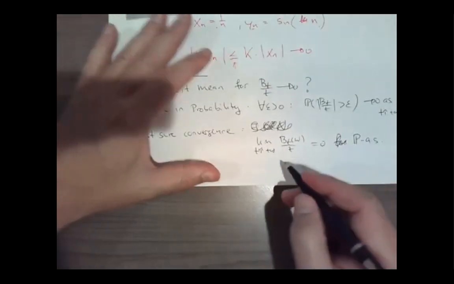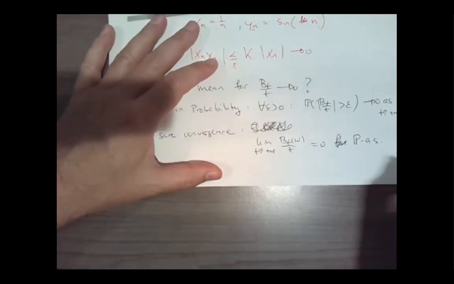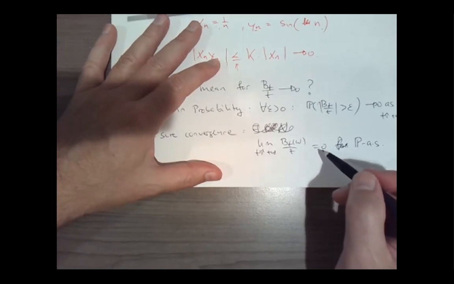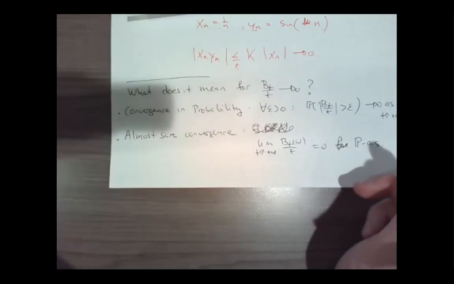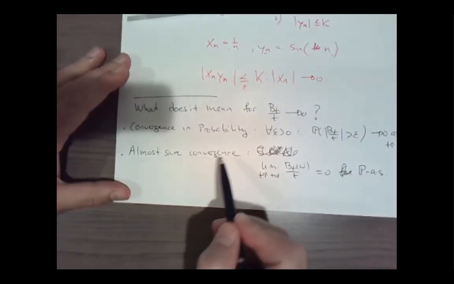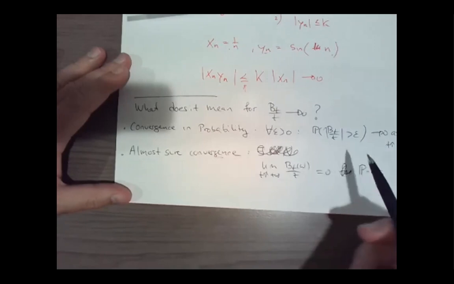That means that on the complement of the set of omegas where it doesn't converge, that complement has measure 0. So those are two notions, and they're not quite the same. Almost sure is the stronger one, and this one here is the weaker one.